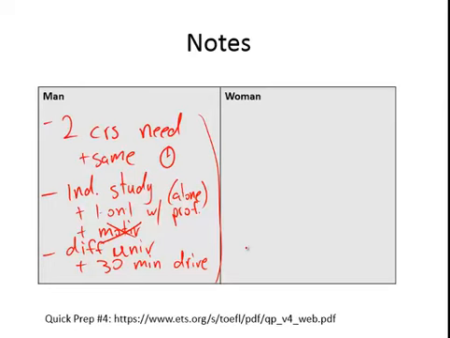60 seconds starting now. The man has an issue with his courses. He needs 2 different courses to graduate, and he needs to take them both as soon as possible this semester, but they're at the same time, so he can only take one. One option he has is to take the Shakespeare course as an independent study, meeting with the professor by himself, one-on-one, but he's afraid that he won't stay motivated like that.